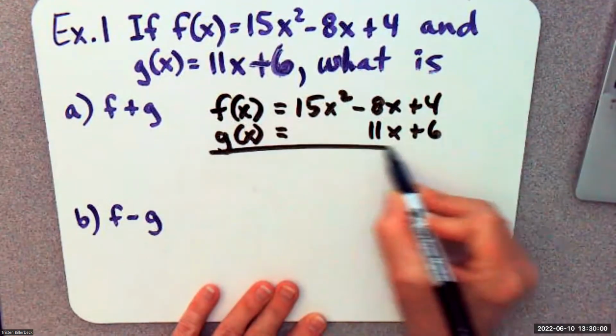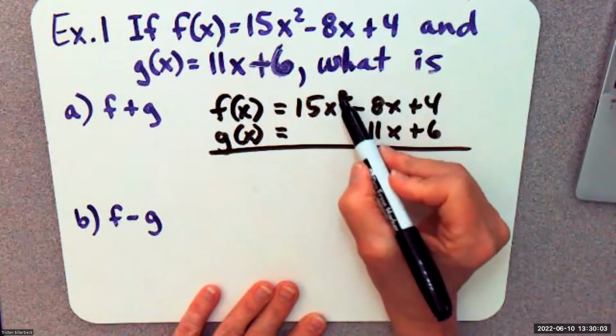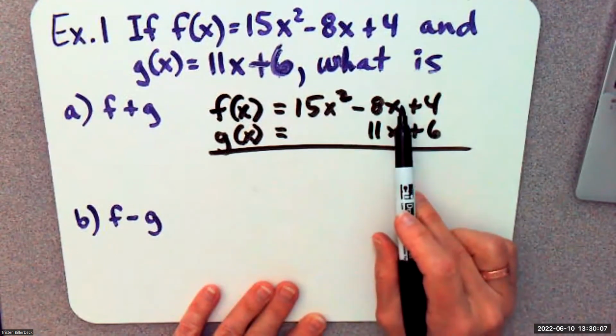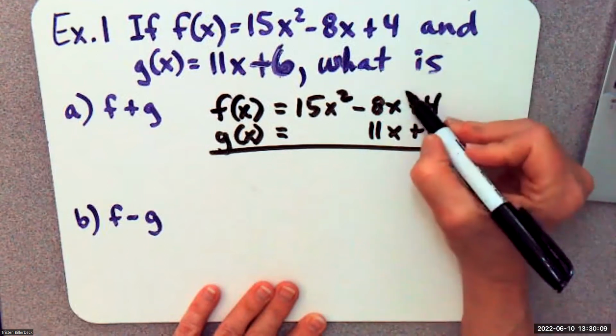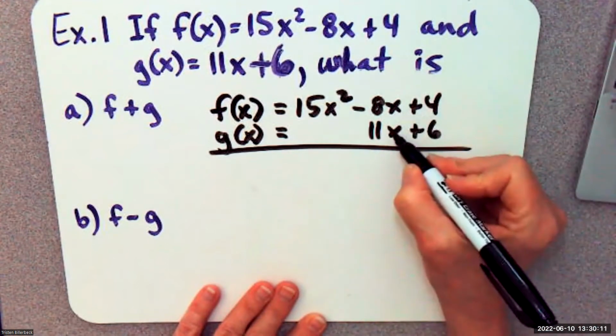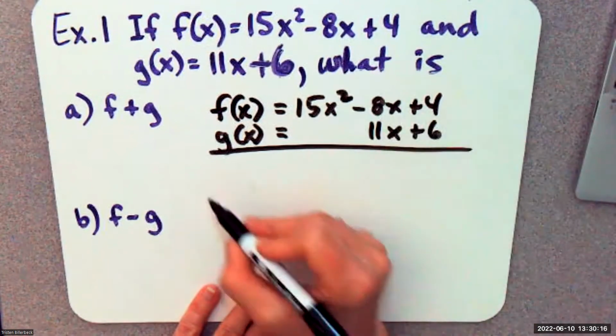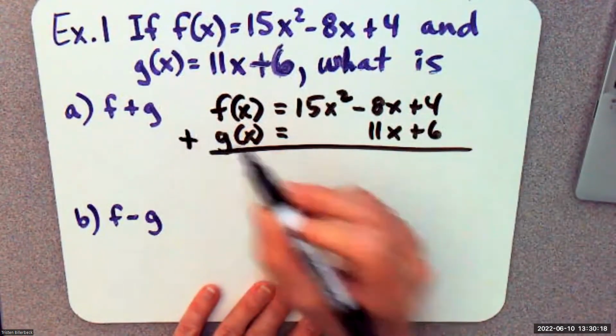Now we need to be careful to only combine the like terms. If we have a square here, and this is a single exponent of 1, which we don't normally write, we do not want to combine things that are unlike terms. So please be careful of that.